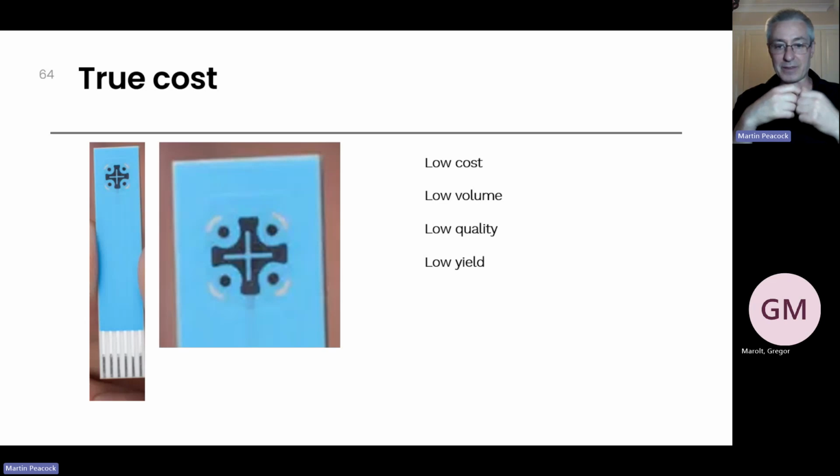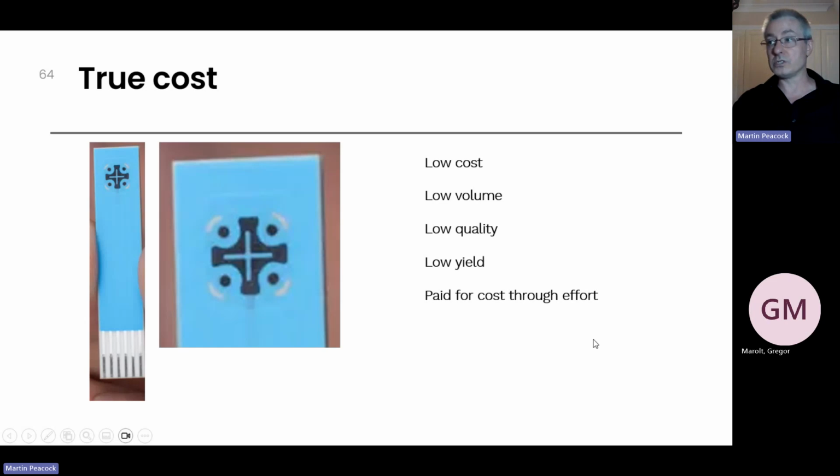So it was kind of ironic that they said we were 3 times more expensive. It's because I was trying to give them 100% yield when the other vendor was just going to give them the screen printed electrodes. They look completely fine. That's the problem with screen printed electrodes. They can look completely fine for visual inspection, but once you start using them, you find out that the electrode surface is different and the sensitivities are all different. So they had a low yield. They hired a lot of people to do quality control.